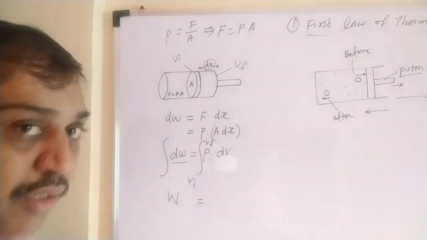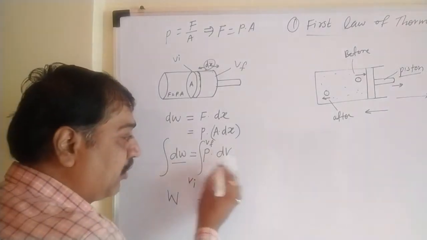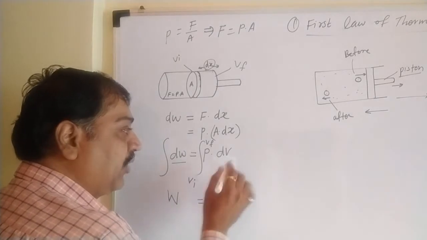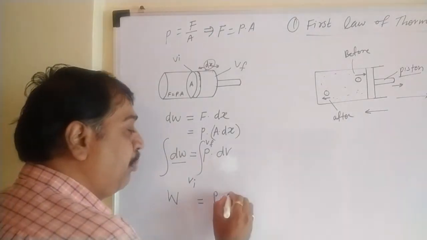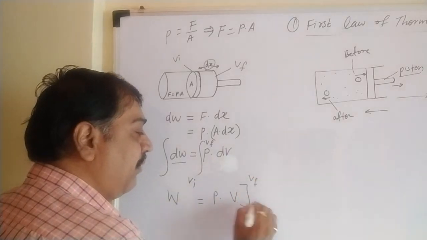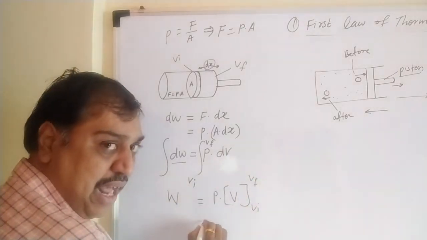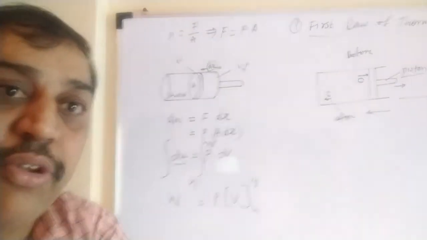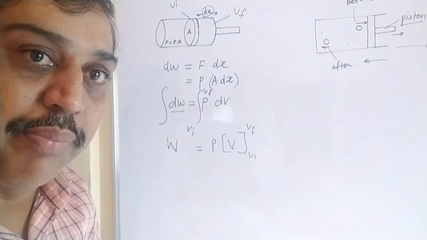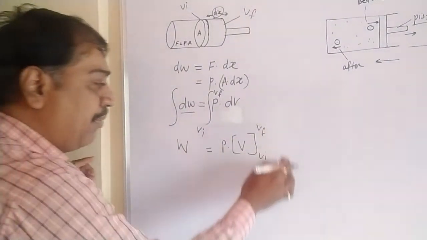We want to find out the integration of P dV. P is a constant, take it outside. Integration of dV is V. So P into V, upper limit Vf, lower limit Vi. If we solve it further, just put upper limit minus lower limit.